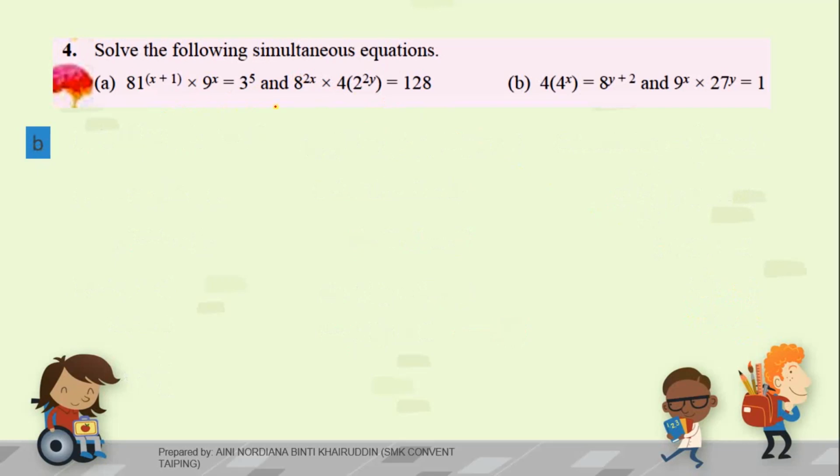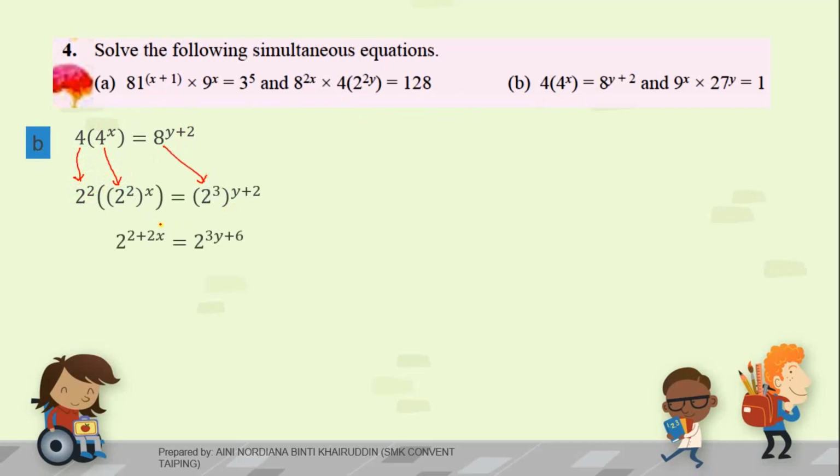Next, for B, for this equation, 4 to the power of x equals 8 to the power of y plus 2. Solve this first. 4, I change to 2 square. 8 here change to 2 to the power of 3.